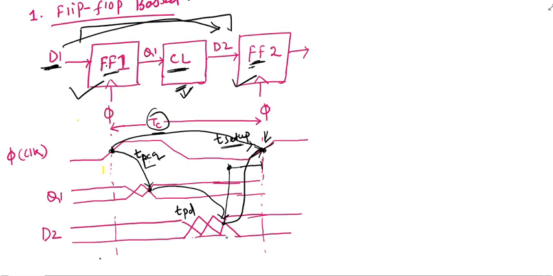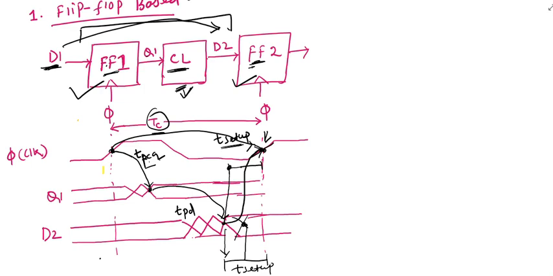What different cases are possible? For example, if the data is moving like this and becomes stable only at this point, while our setup time is this one, then the data is stable too late. That means it is violating the setup time, and we will get an error.